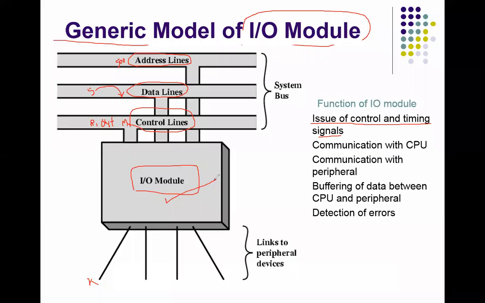IO module function: this IO module issues control and timing signals. Control signals are required; if you want to read the data, obviously you have to set the pin so that you can read the data from the respective devices. And timing signals are also required. By the timing signal, you can easily understand it even from your keyboard.